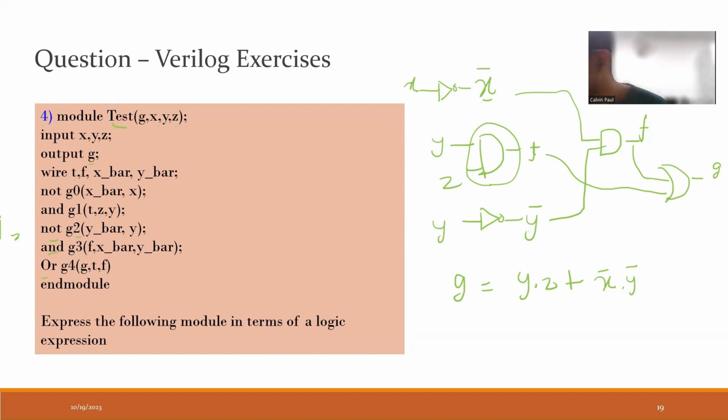Is this clear? This is how you represent it as a Boolean logic expression.